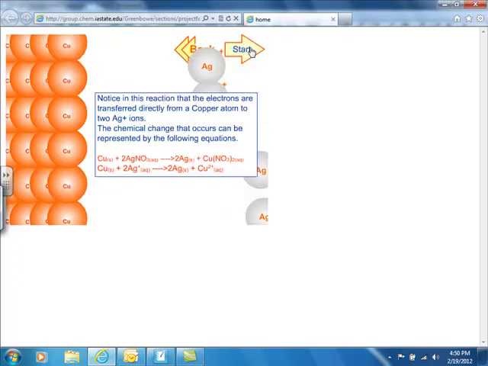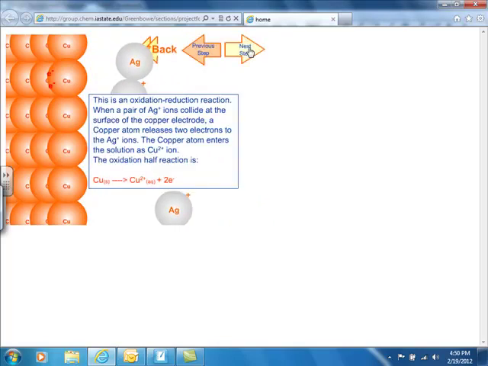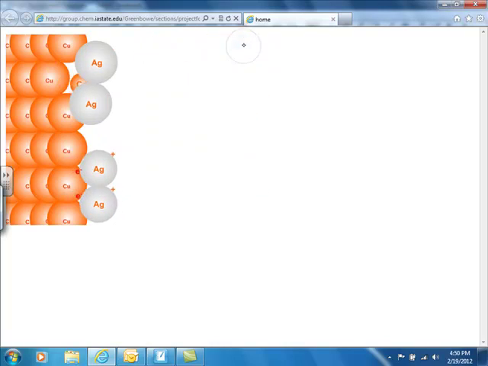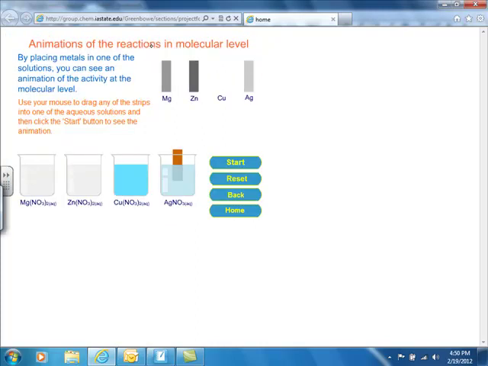If I go step by step here, you'll notice here comes the silver. The silver is coming in, the electrons are being transferred, and the copper ions are being released. That's what's happening in this particular reaction. It's a single replacement reaction.